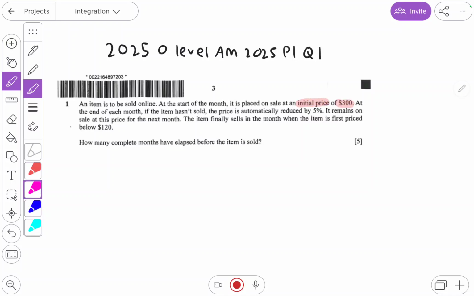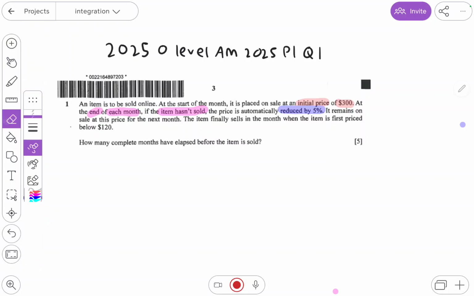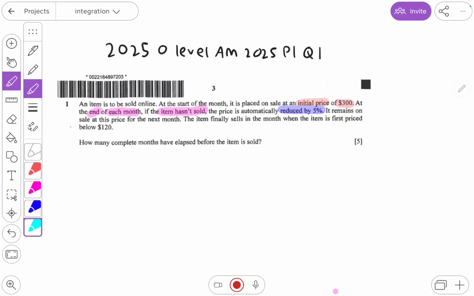At the end of each month, if the item hasn't been sold, like no one bought it yet, the price is automatically reduced by 5%. It remains on sale at this price for the next month, and the item finally sells in the month where the item is first priced below 130.